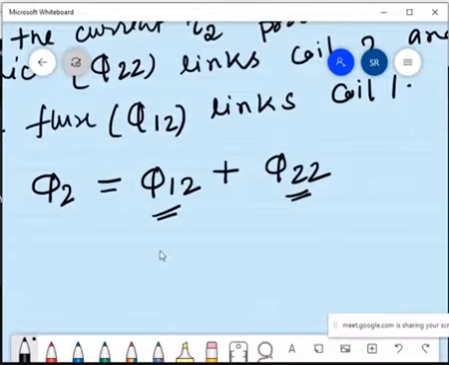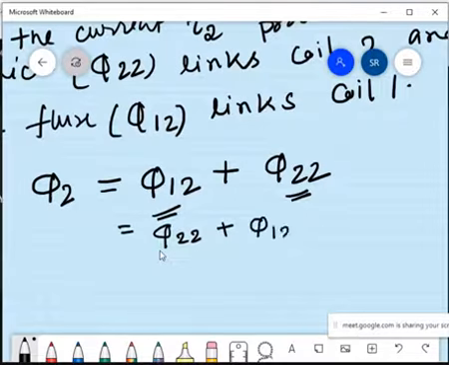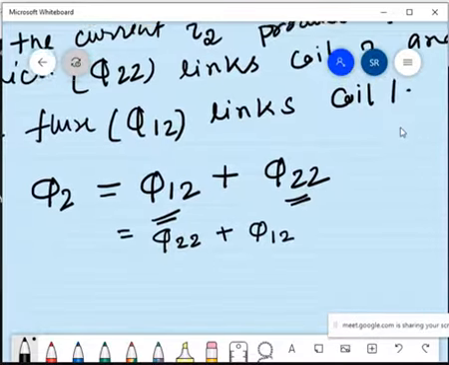Even I can write this as phi 2 2, that is flux linking coil 2, plus flux linking coil 1 due to the current I2. Here, I have written phi 1 2 first. Basically, this one is a part of phi 2, the flux produced by the current I2 in the second coil.